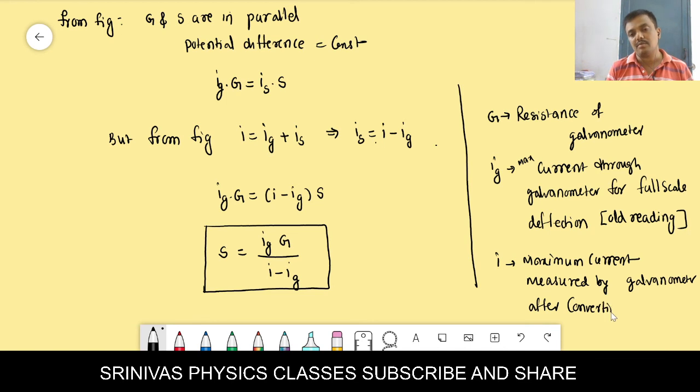After converting into an ammeter, how much current can it measure? That is I. Before converting, how much could it measure? Only Ig. Now this is said to be the new reading, the new range.